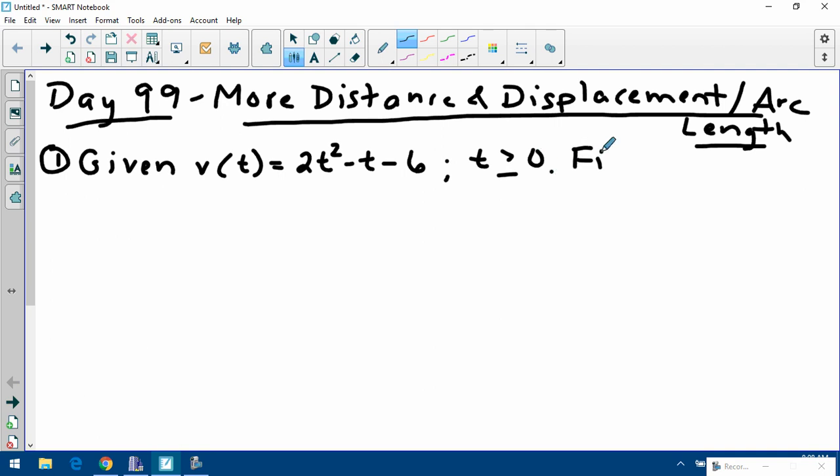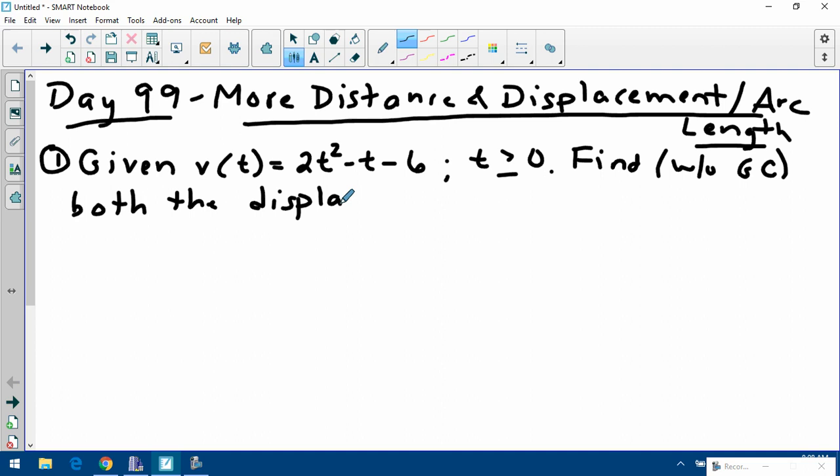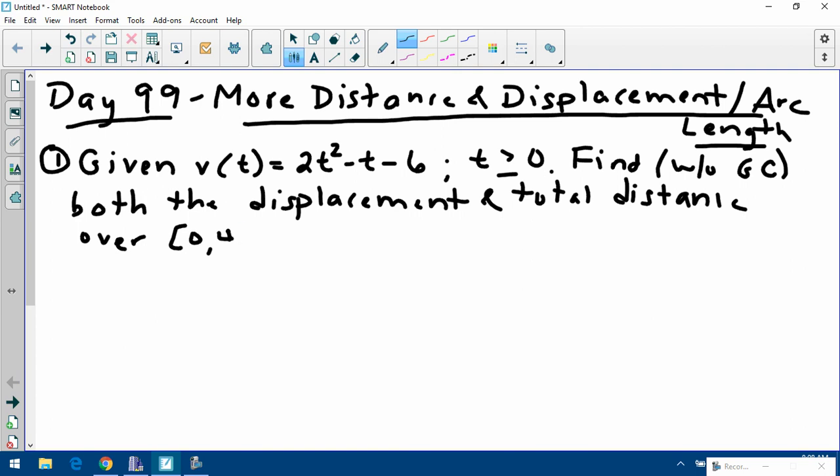I want to find, without graphing calculator, both the displacement and total distance over the interval from 0 to 4. Okay, so before break, we talked about how to do this.